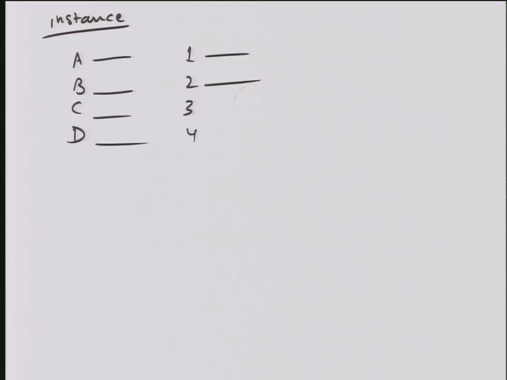Let's say that you're given an instance of the problem. What does it mean, an instance of the problem? It's just an input to the problem. So you're given A, B, C, D, 1, 2, 3, 4, and each one has their preference list.